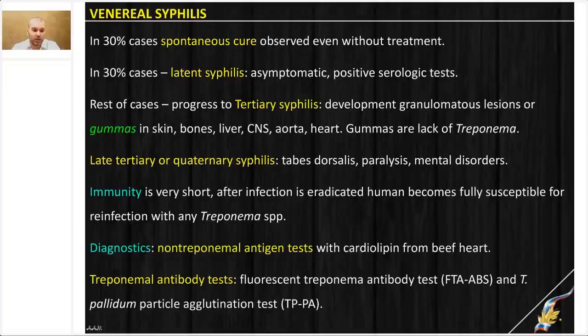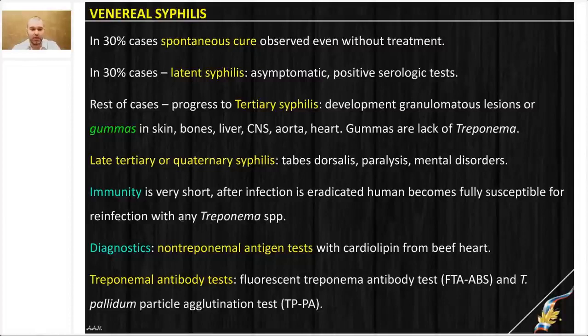A cavity is formed, and the tissue is destroyed. Tertiary syphilis is classified into types according to which system or organ is affected more than others: cardiosyphilis, neurosyphilis, GIT syphilis, and bone syphilis. But actually, it is just tertiary syphilis with one organ system affected more significantly than others.